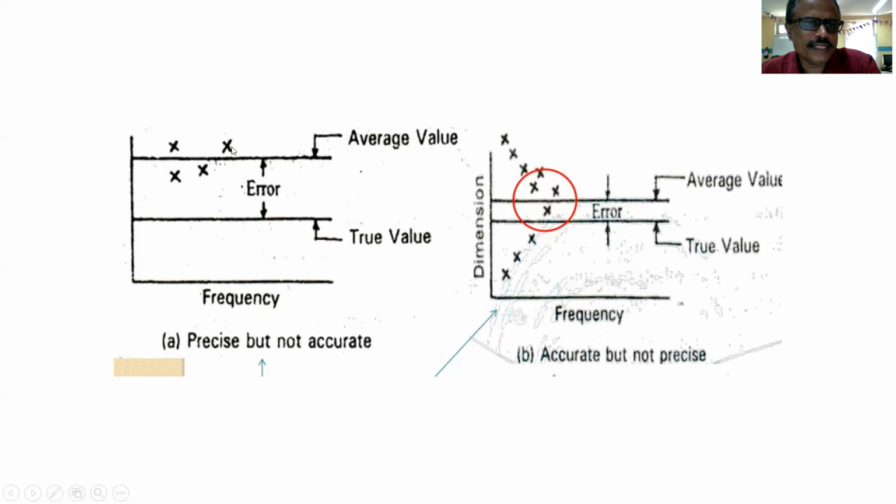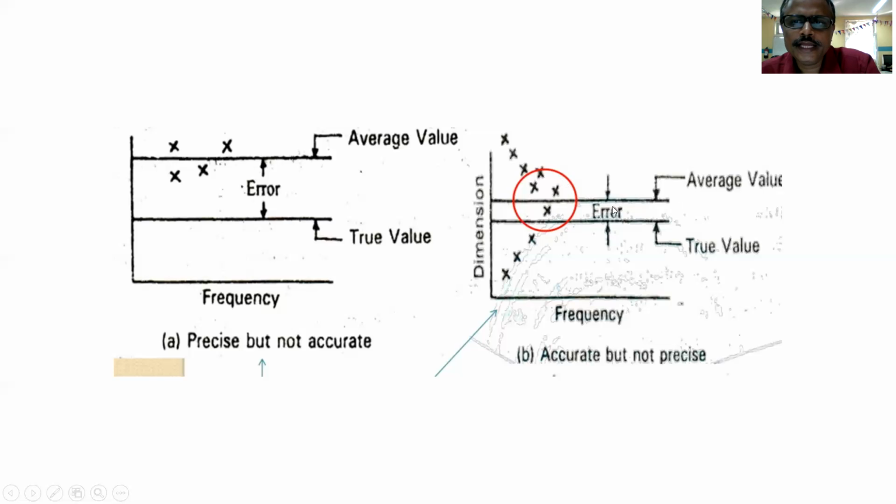The instrument is giving almost the same reading again and again. That is called precision. Here in the second diagram, there is a true value and an average value. The gap between the true value and the average value has decreased, and your instrument readings are giving values somewhere in this zone.